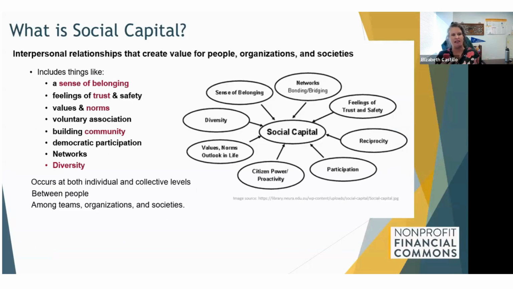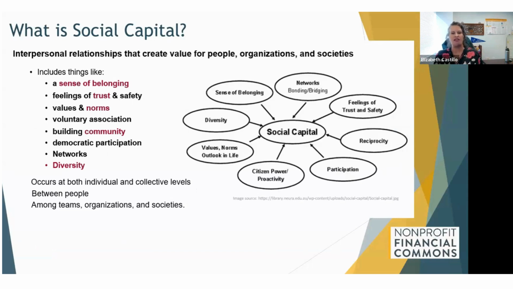And so social capital has different dimensions. Part of it is cognitive and psychological: the feeling of having a sense of belonging, that you belong in a group and that you're welcome, that you trust that you're going to be safe and can be your authentic self in those shared norms and values. And you do it voluntarily. No one is coercing you. So you participate because you share those passions and values.